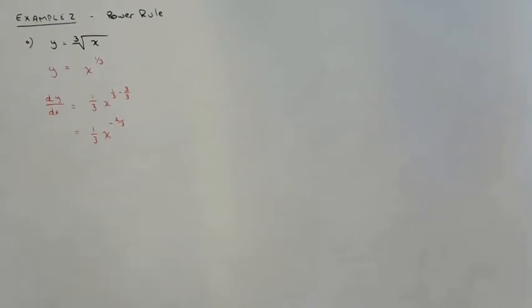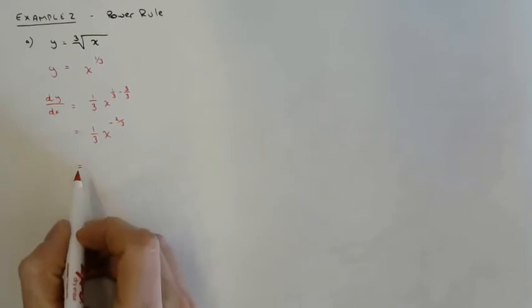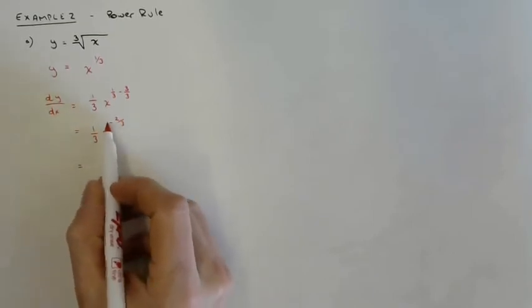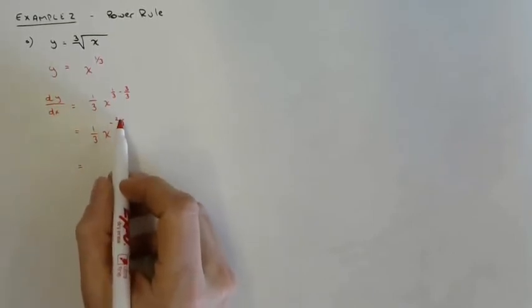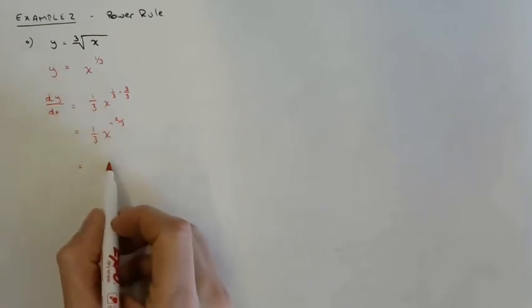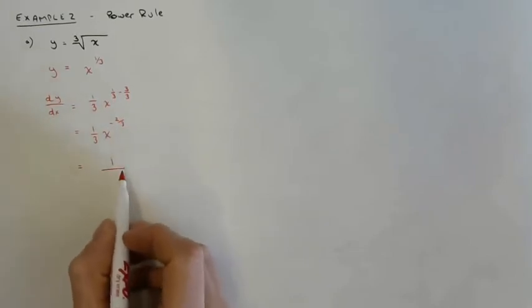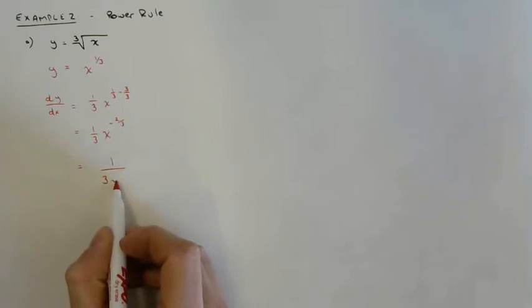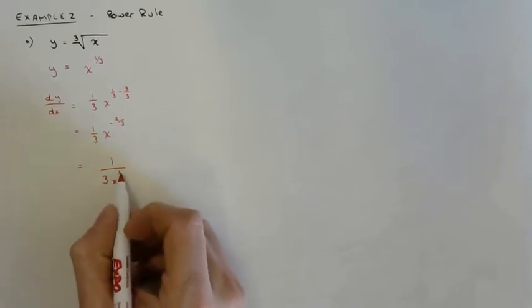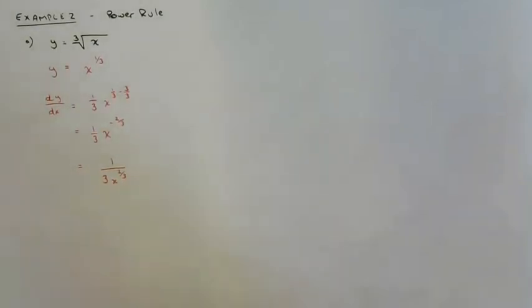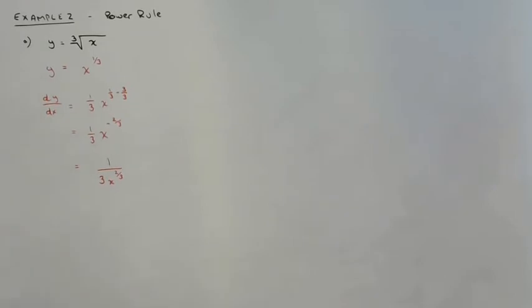And this one asks us to express our answers using positive exponents. So if I have x to the power of a negative exponent, all I have to do is bring that down into the denominator. So my numerator is 1. Denominator is 3 times x to the power of 2/3. And that is differentiated.